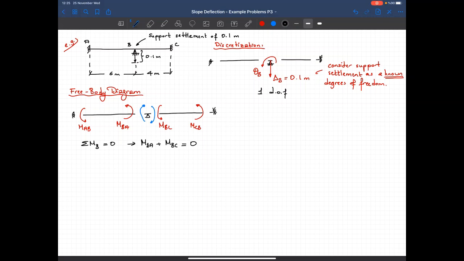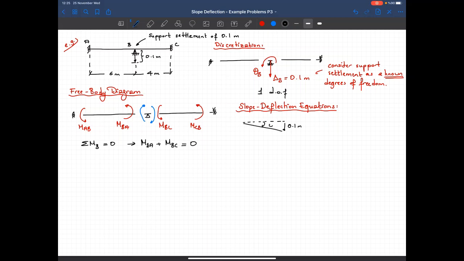Okay, now let's write the slope deflection equations. So for member AB, it was initially straight, but it moved in the downward direction. Magnitude is 0.1 meters.